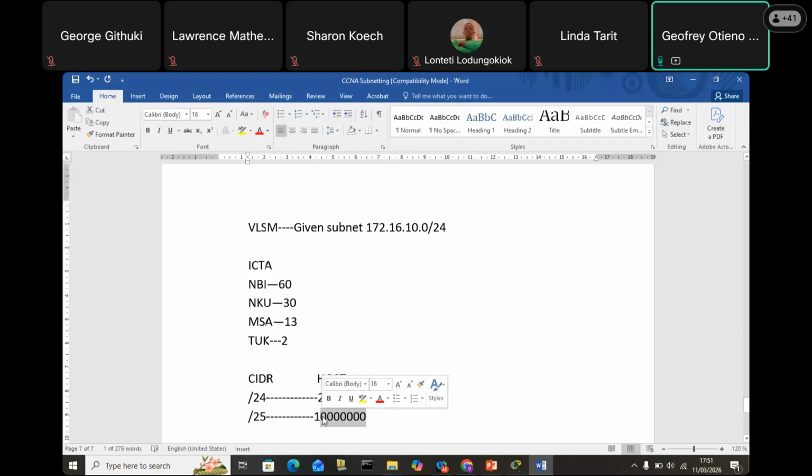So it is 2 raised to 7 minus 2. What is 2 raised to 7 minus 2?